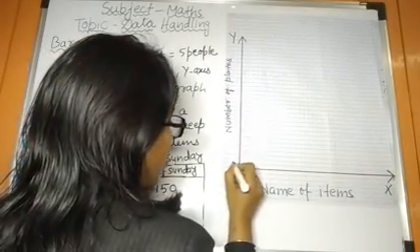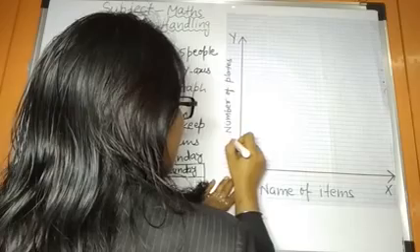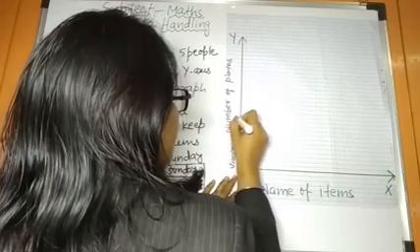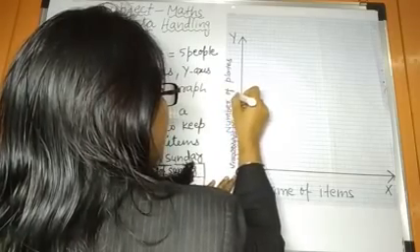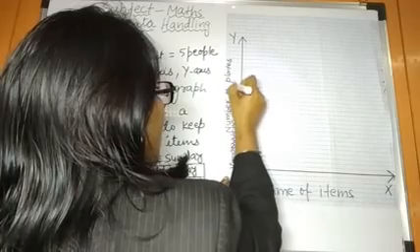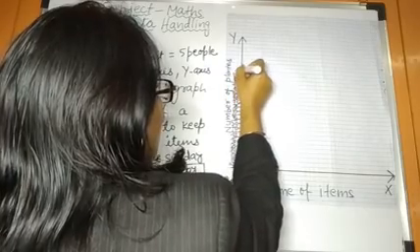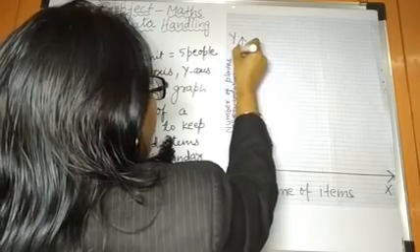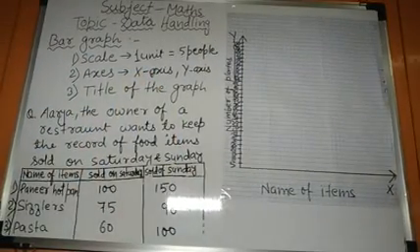So here we will write 5, 10, 15, 20, up to 150, in steps of 5. So our graph has been adjusted now.